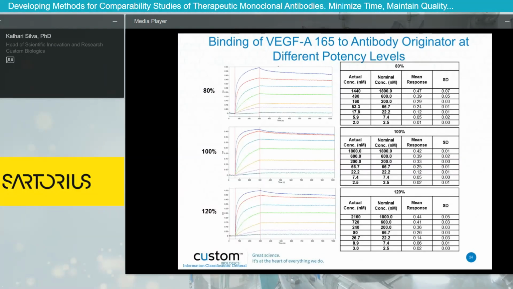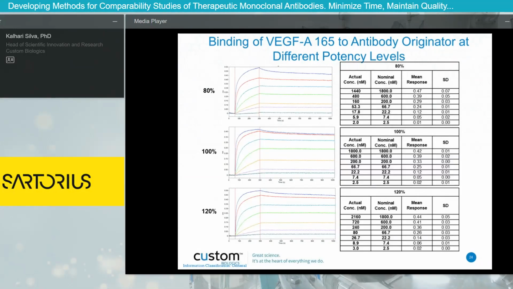So for the 100% potent sample, the concentration range of the antibody that we used was 1800 to 2.5 nanomolar. If you look at the sensorgram in the center, that is at 100% potency, triplicate assessments were performed, the mean responses were recorded, and the standard deviation between replicates was very low.